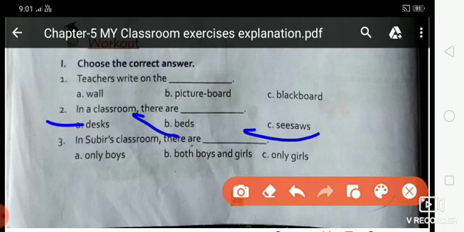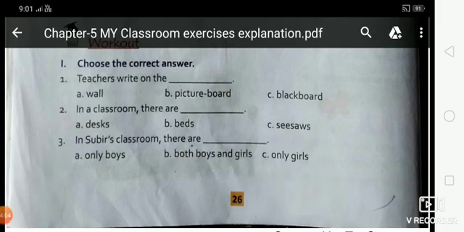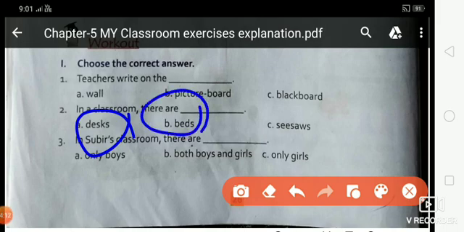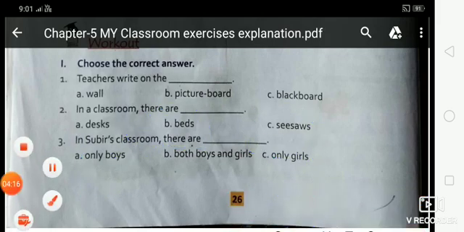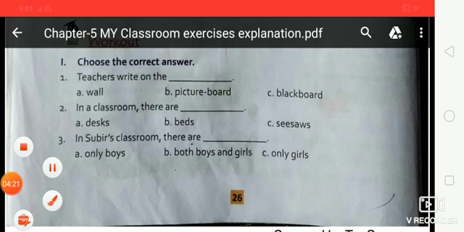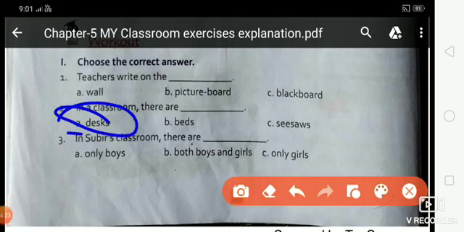Now students, tell me, is option A correct, or B, or C? As you all know, in a classroom there are desks. In a classroom there are so many desks for the students to sit on.